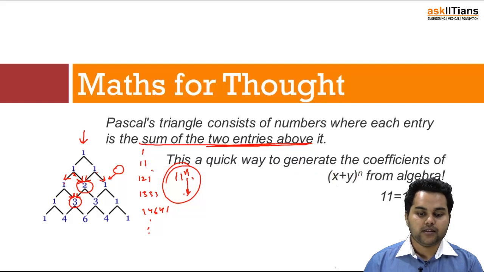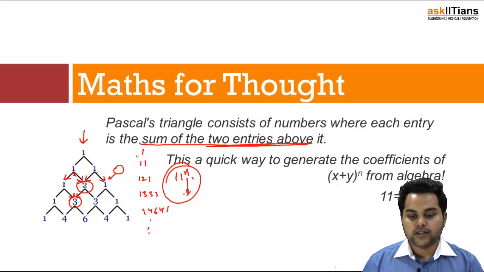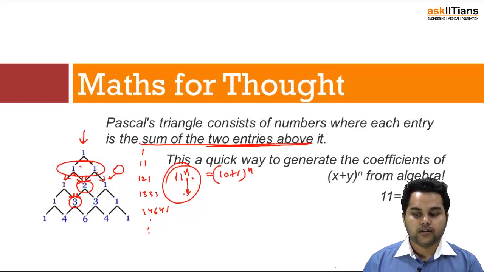So 11 is 10 plus 1, raised to n, and these are the coefficients of the binomial 10 plus 1 raised to n, and hence that's why I get 11 raised to n in pattern in the Pascal triangle.